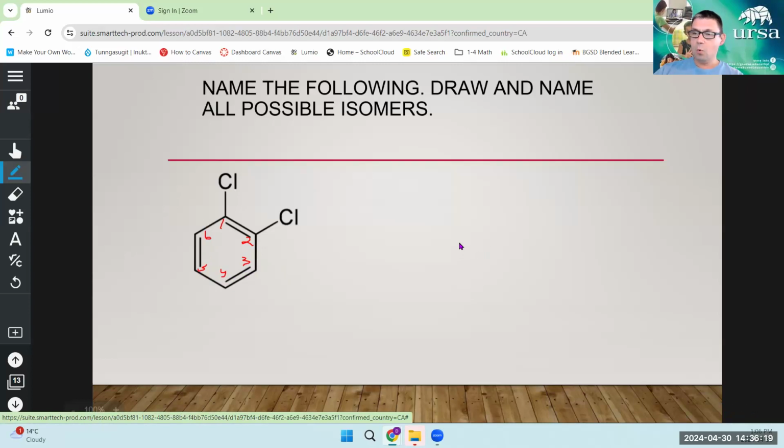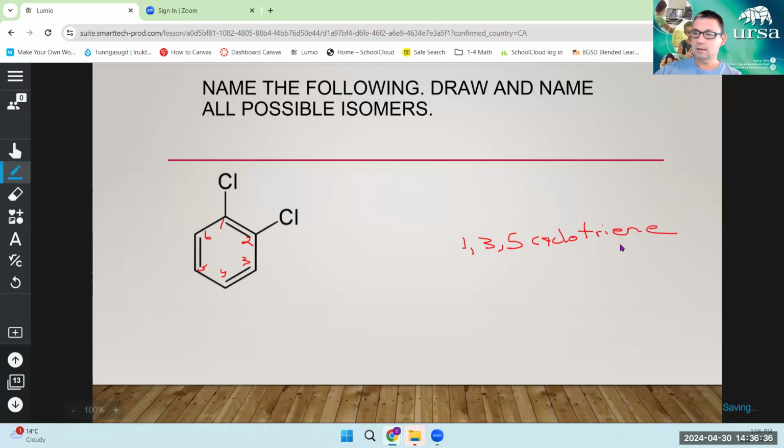So this would be 1, 3, 5, cyclo triene, with 2 halogen groups attached to carbons 1 and 2. So this would be 1,2-dibromo-1,3,5-cyclotriene.